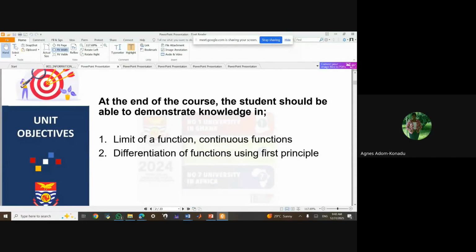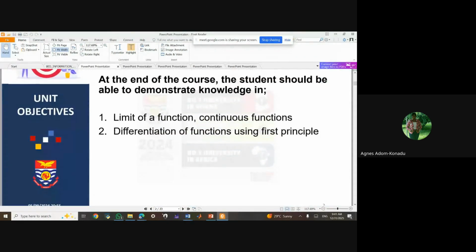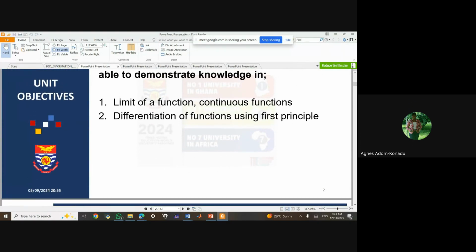At the end of the course, the student should be able to demonstrate knowledge in limits of a function, continuous functions, and differentiation of functions using the first principle. So this is the only thing we're going to do here: how to find the limits of a function, how to determine if a function is continuous, and how to differentiate a function using the first principle.